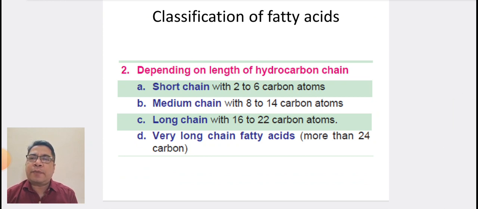Depending on the length of hydrocarbon chain, short chain with 2 to 6 carbon atoms, medium chain with 8 to 14 carbon atoms, long chain with 16 to 22 carbon atoms, and very long chain fatty acids containing more than 24 carbon.